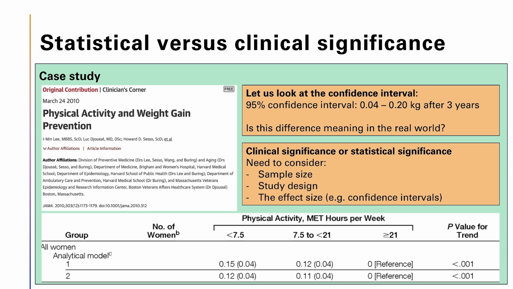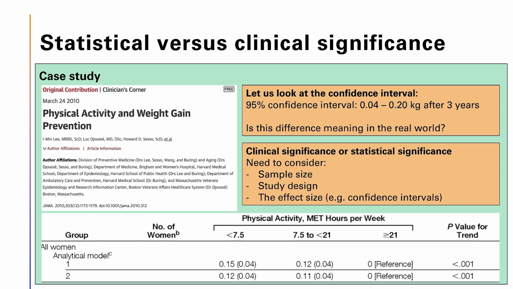So do we consider that a significant difference in weight gain in the real world? That again leads us to the central issue that statistical significance does not equal clinical significance. Other values should always be considered when interpreting and conducting research, which includes the sample size.